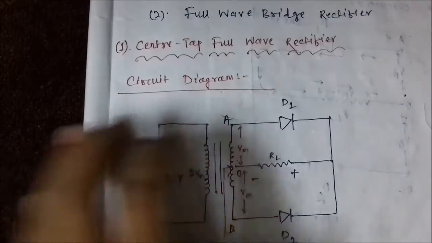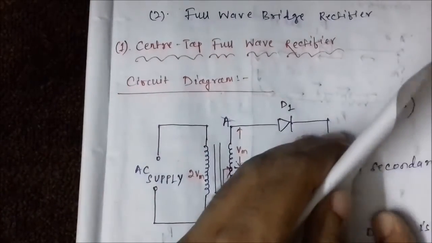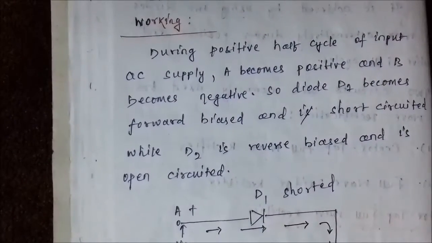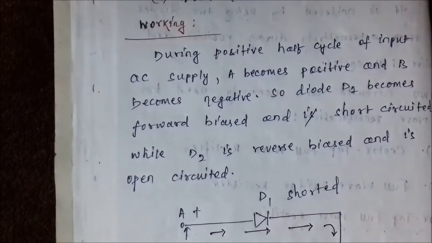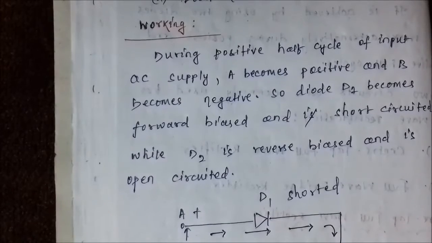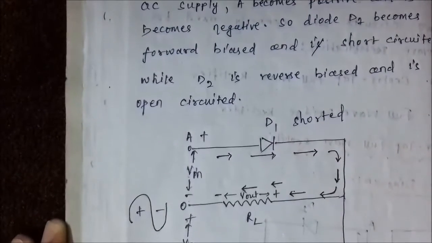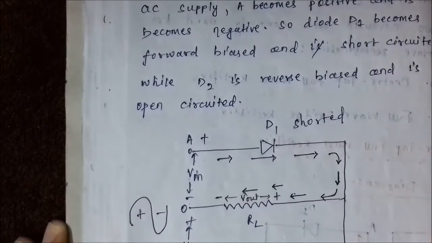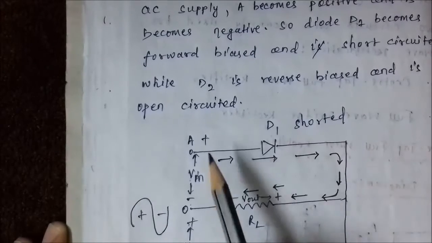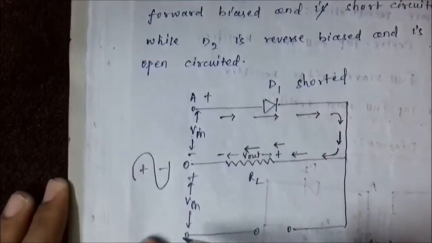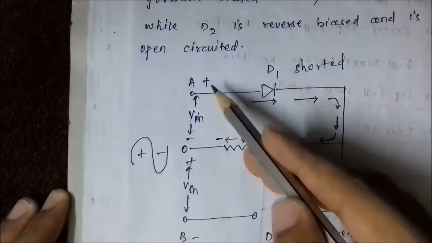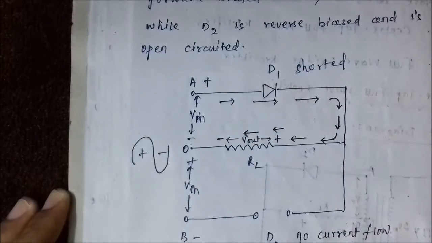Now we are going to discuss the working, the operation of a center tap full wave rectifier. We are going to divide the operation in terms of two half cycles. Now during the positive half cycle of the input, that is the positive waveform followed by the negative waveform, the ends A and B of the secondary winding of the transformer attain positive and negative polarities respectively.